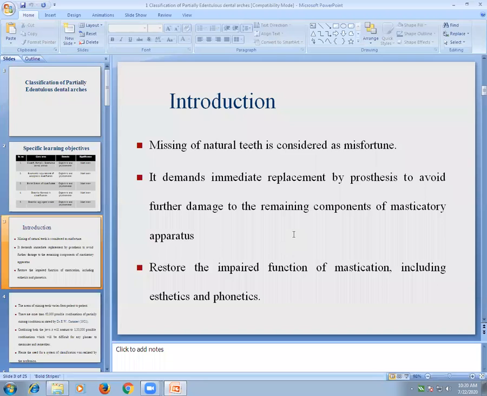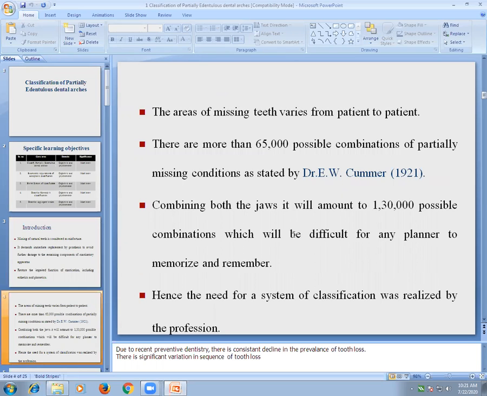Now, coming to the introduction, missing of natural teeth is considered a misfortune. It demands immediate replacement by prosthesis to avoid further damage to the remaining components of the masticatory apparatus. The aim is to restore the impaired function of mastication, including speech and aesthetics. The areas of missing teeth vary from patient to patient.